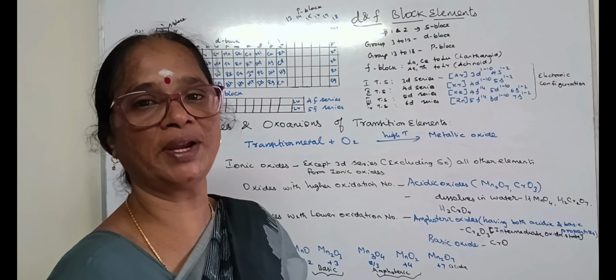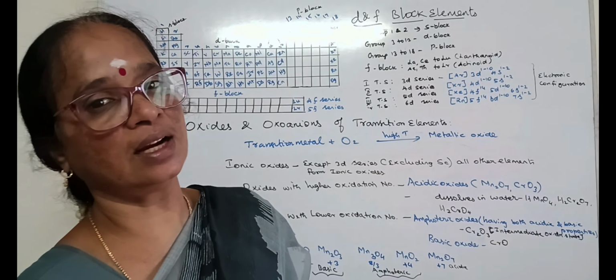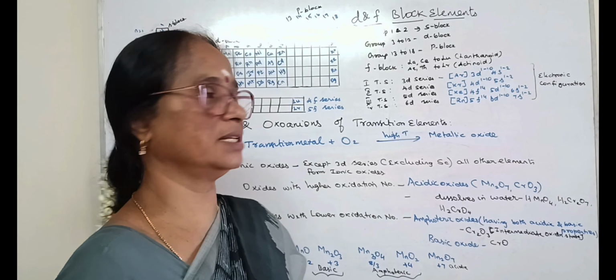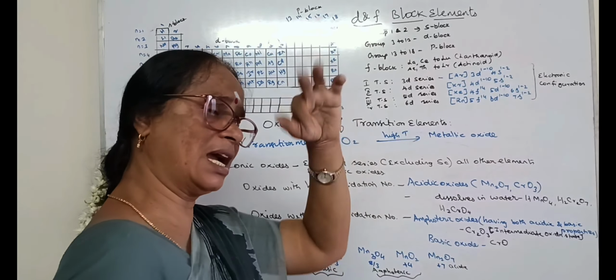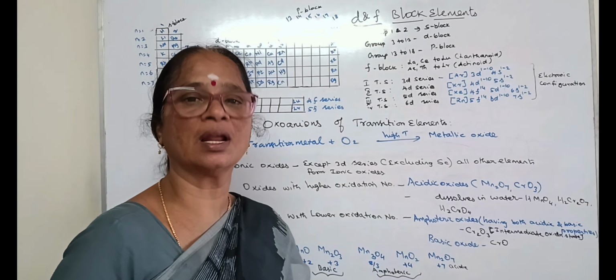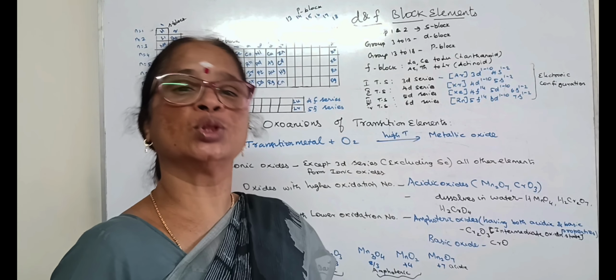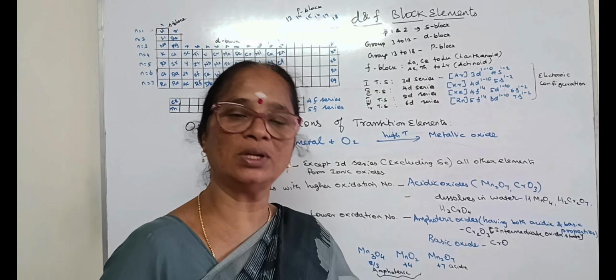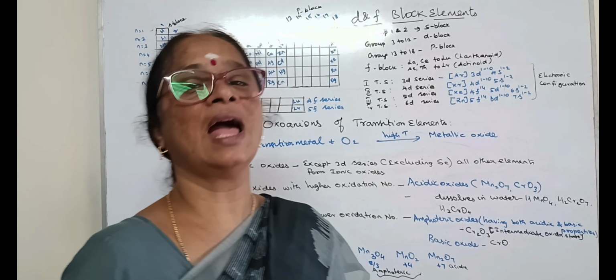Those are classified as acidic oxides, basic oxides, amphoteric oxides and neutral oxides. The oxides with the highest oxidation number are acidic oxides. Those oxides dissolve in water, forming their corresponding acids.